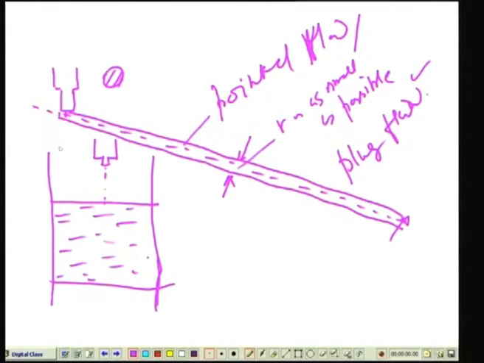So you can have a level of water here, and we are collecting the water at this point here.